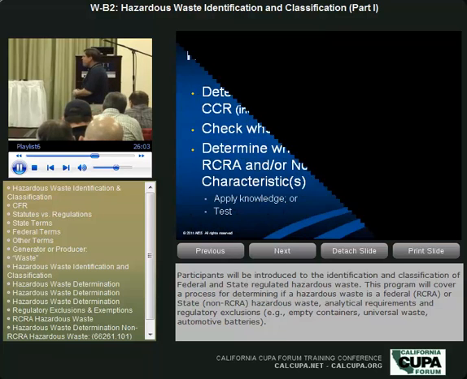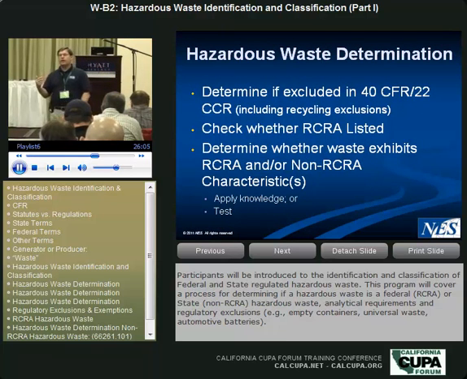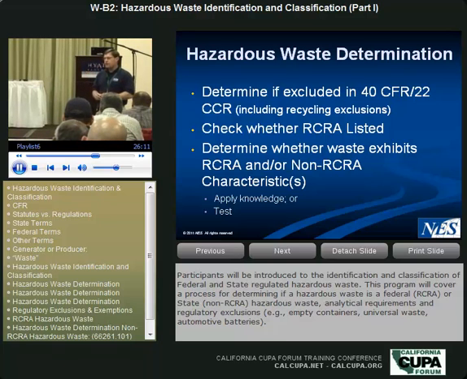Okay, so I want to determine whether my waste is a hazardous waste. You're asked to check first to see if there is an exclusion. There are certain federal exclusions, and there are certain state exclusions for hazardous waste.